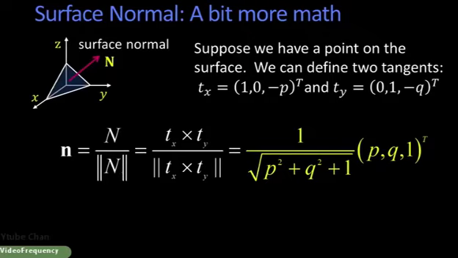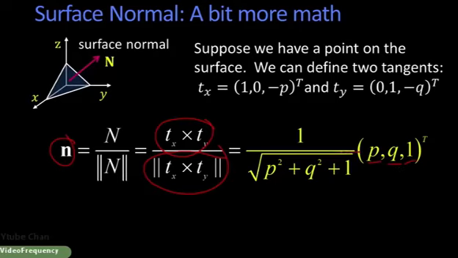So I take tx cross ty, and if I want it to be a unit vector, I have to normalize it by the magnitude. When you take tx cross ty, you get (p, q, 1), and the magnitude of that, of course, is the square root of p squared plus q squared plus 1.